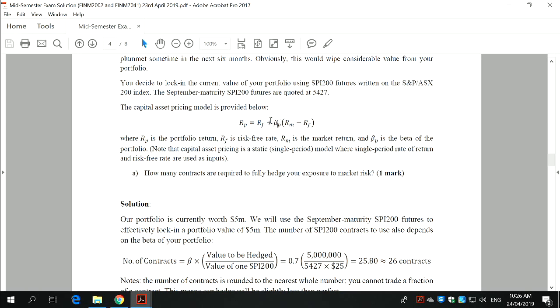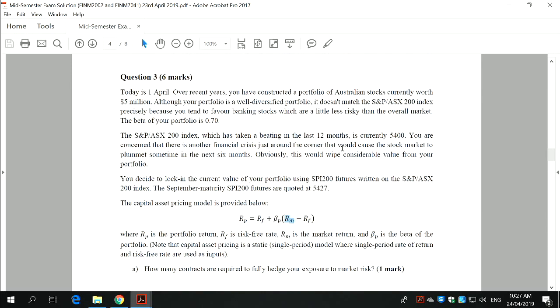And you were told the beta of the portfolio is 0.7, right? So you have that information in front of you. And then the only unknown is the market return you need to work out. What is the market return over the past 6 months? Well, you started with the market index at 5,400, right?